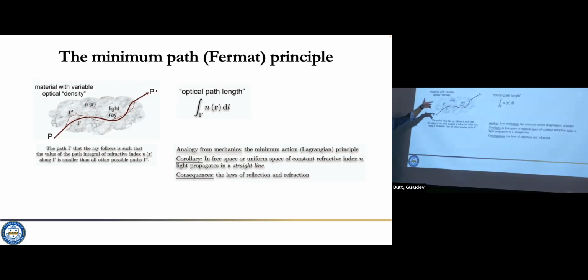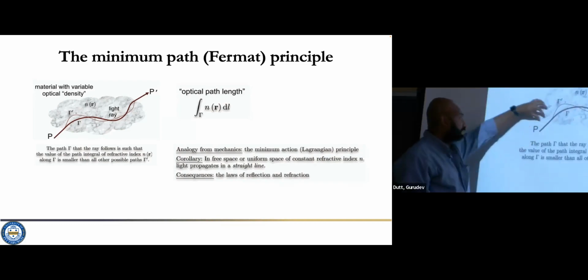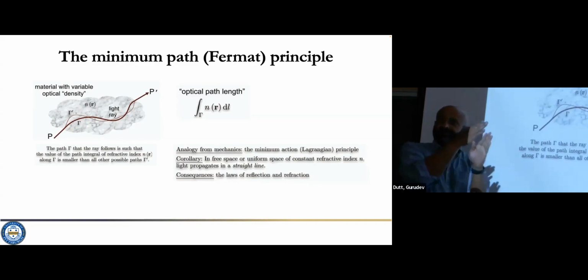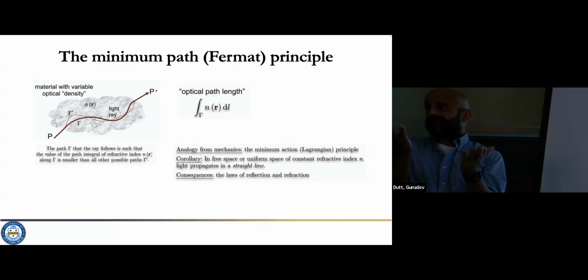One way to solve the problem of the ray trajectory through this medium would be to break it up into smaller pieces. At each piece, we can think of it as a medium of refractive index n1 and n2, and just solve for what happens to the ray, because it's going to obey Snell's law.